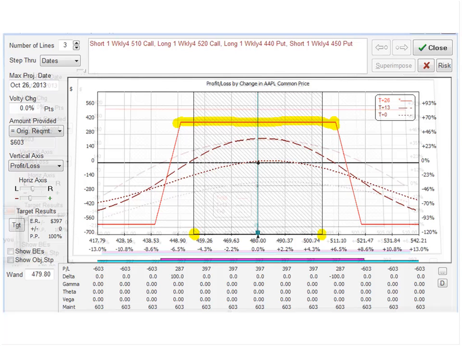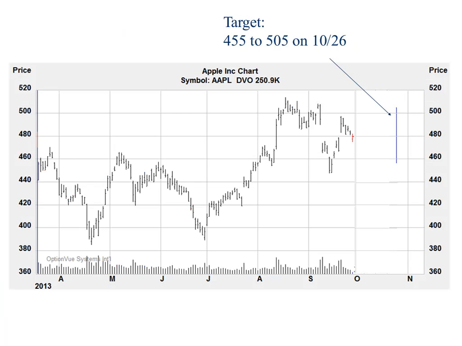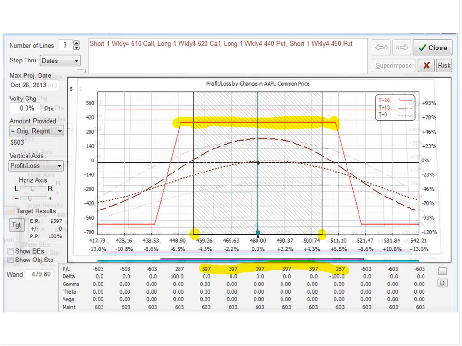It'll make $397 across that entire spectrum of price possibilities. So no matter where it lies at the end of this, as long as it finishes on that line somewhere, you'll make $397 at that date in the future on October 26th.